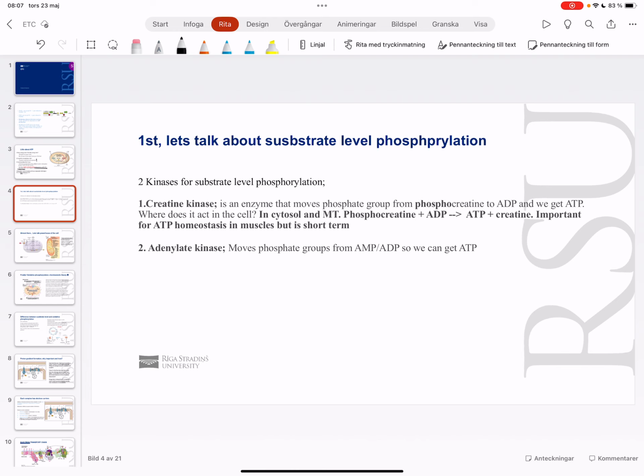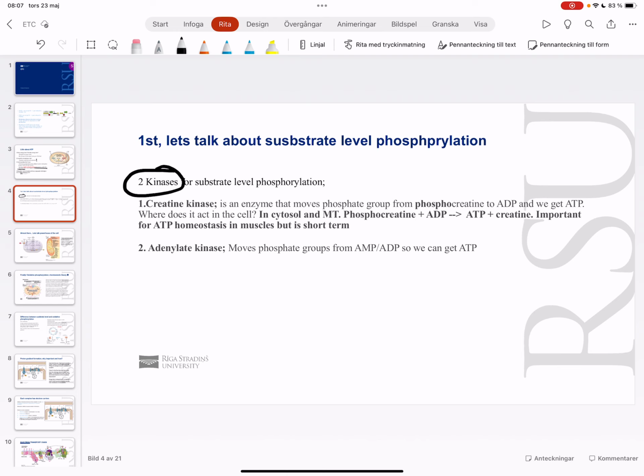First of all, before we talk about oxidative phosphorylation, let's talk about substrate level phosphorylation. In substrate level phosphorylation, we can use 2 kinases. A kinase is just the transfer of a phosphate from ATP to a substrate, or vice versa. So when you see kinase, just remember it's the transfer of a phosphate.